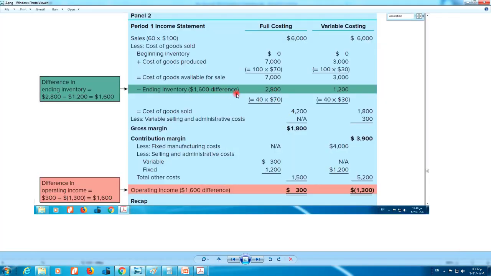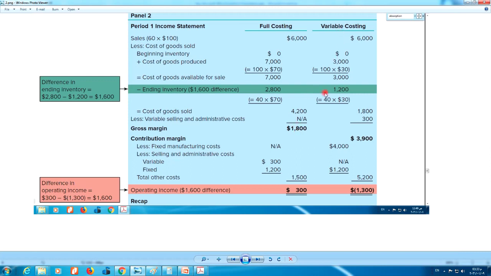Subtract the ending inventory from cost of goods available for sale to get cost of goods sold. Under absorption costing, sales minus cost of goods sold equals gross margin or gross profit.